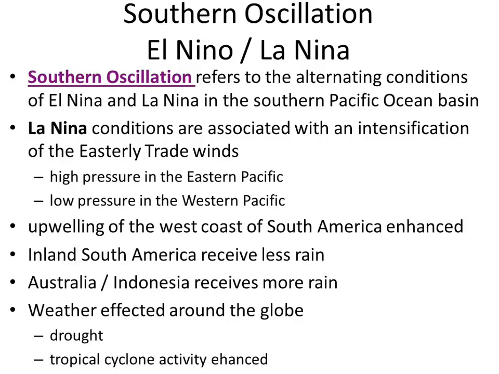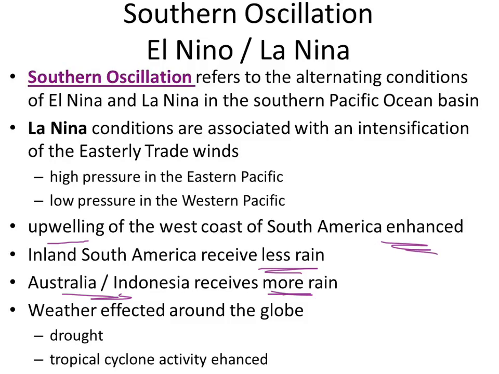It's enhanced. So they get even colder than usual temperatures on the west coast of South America, even less rain than usual, and the precipitation we saw under normal conditions over Australia and Indonesia is enhanced too.